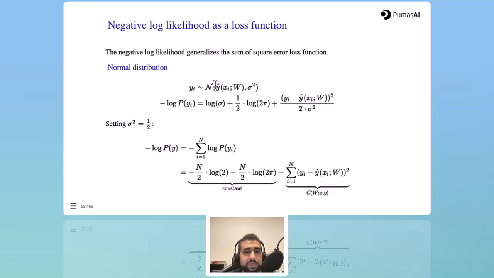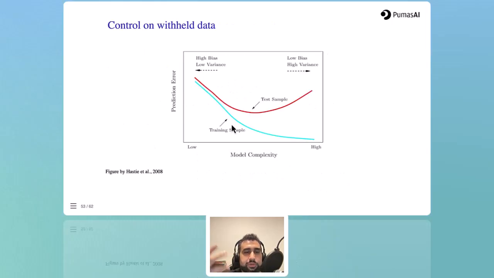By fitting the noise of the training data, we're basically compromising the performance and making it worse on the test data as a result. And that's intuitively what we're doing here. We're fitting the points in the training data too much, and as a result, we're not able to generalize nearly as much to the test data.